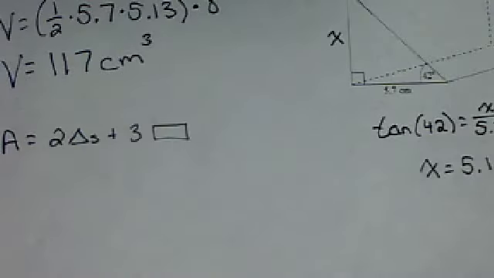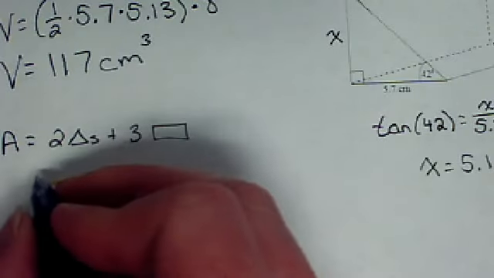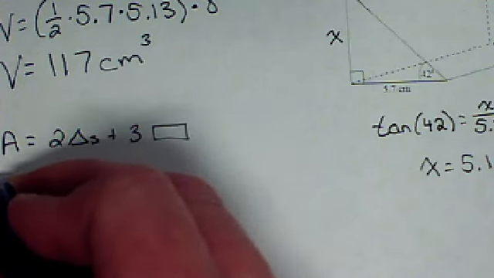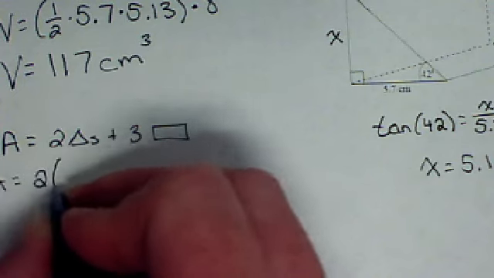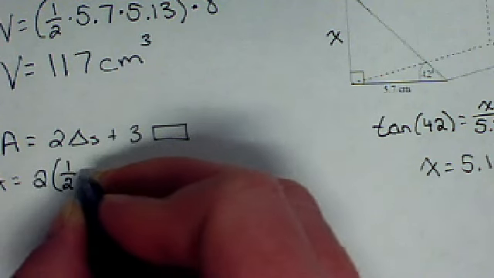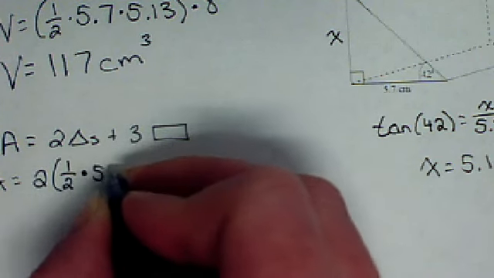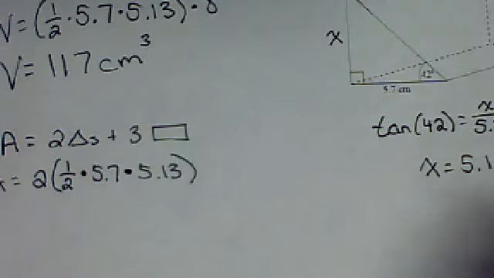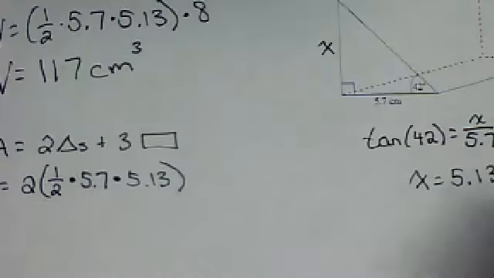So we need to list out all of them. Now the 2 triangles are the same exact triangles. So I could do 2 times 1/2 times 5.7 times 5.13, and I'd get each of those 2 triangles.